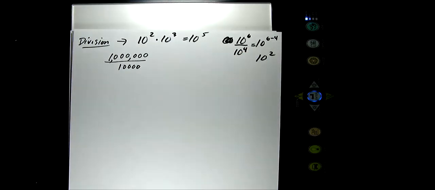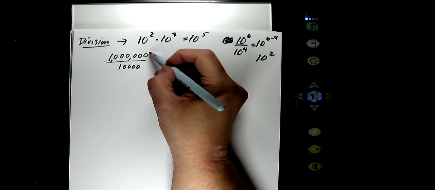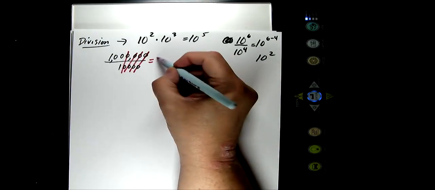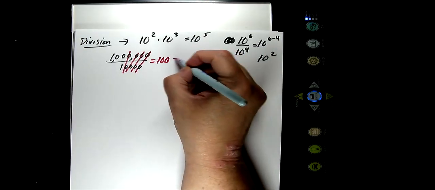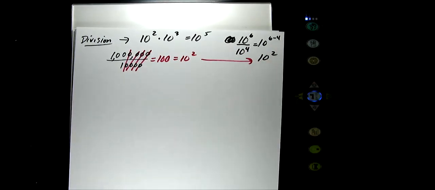And it's kind of neat. As long as that first number is a 1, everything is good. And if it's only just one number, you can cross off the zeros in pairs. And we're left with 100, which is 10 to the 2nd power, like we would have got if we subtracted.